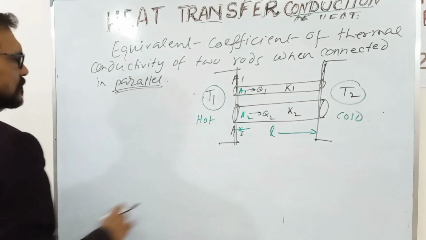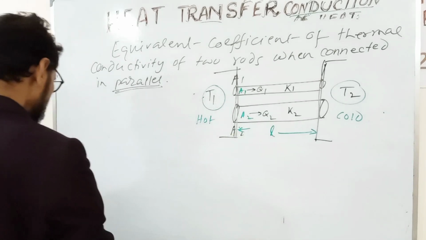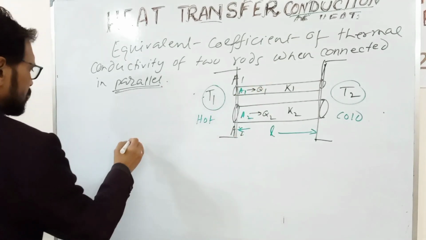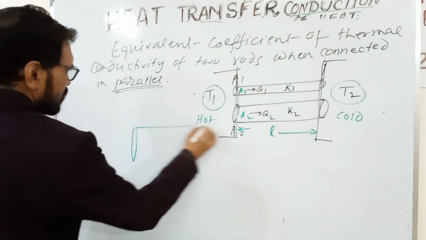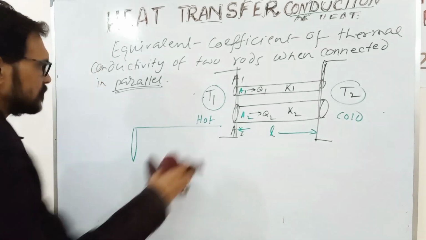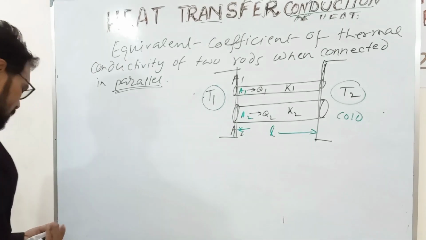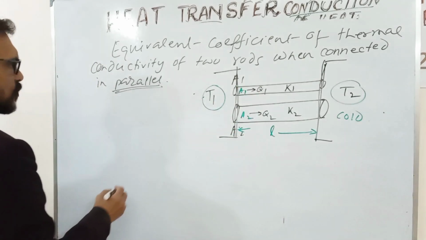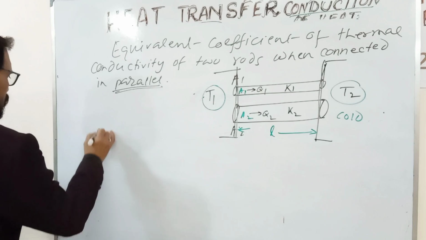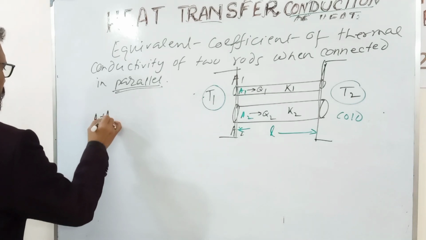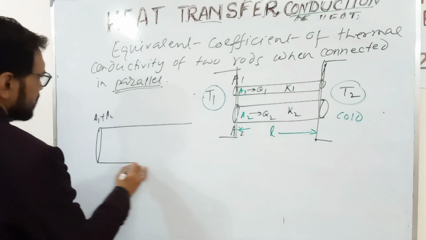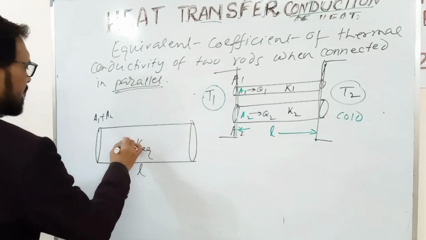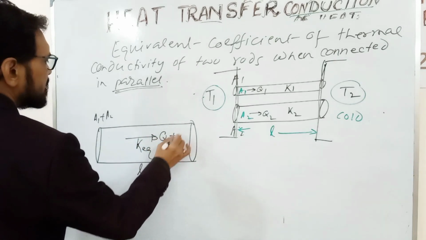Now to find the equivalent conductivity of the two rods, we imagine a single rod whose cross section area will be A1 plus A2, length will be the same, and amount of heat flow will be Q1 plus Q2.